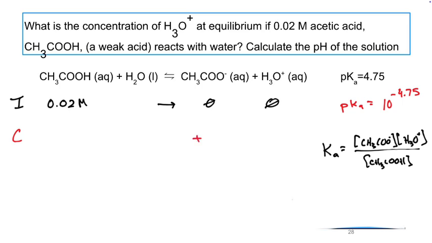We know the acetate has to go up, the H3O+ has to go up, and the acetic acid has to go down. But by how much? And if you don't know, what should you say? A couple things. So one, I don't know. That's fair. How would we say that mathematically?